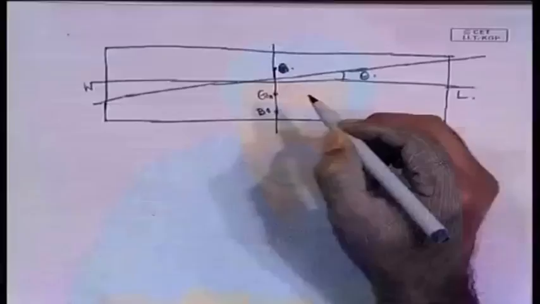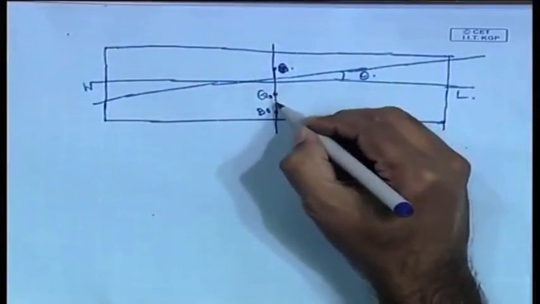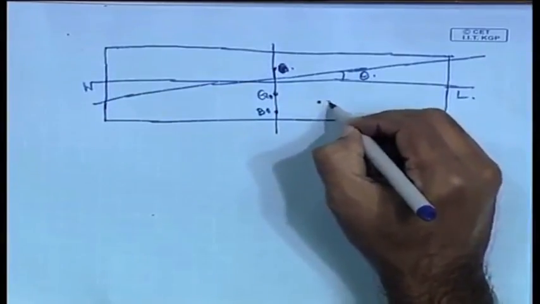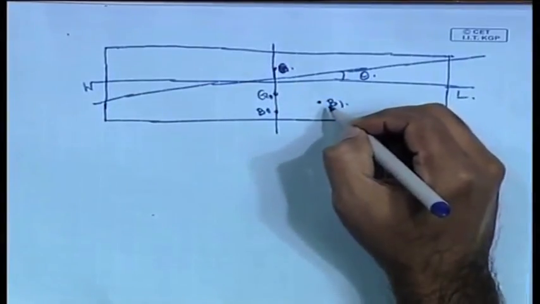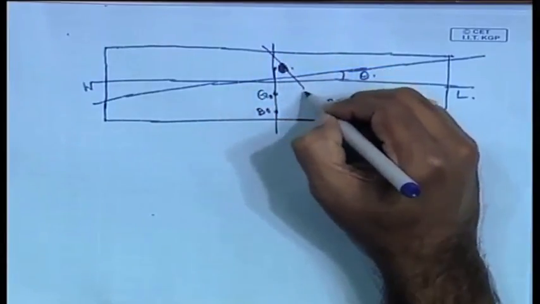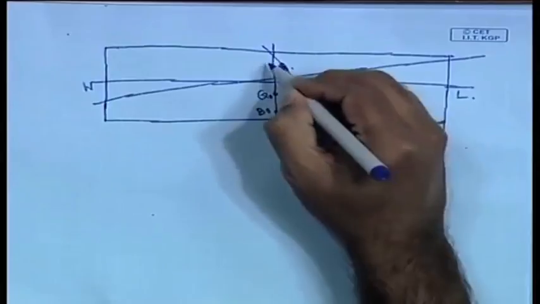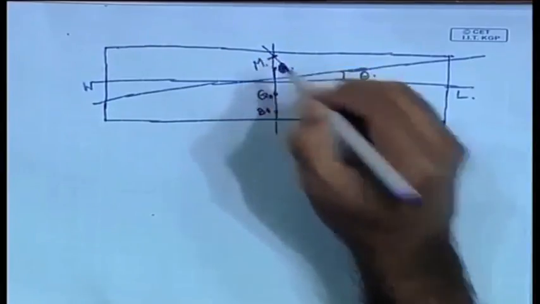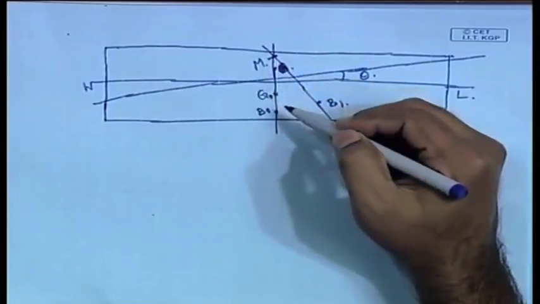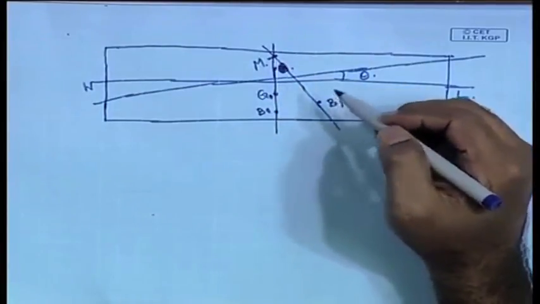Trimming is dealt with in the same manner as you deal with heeling, and therefore, you have the position of G0, B0, and because of this trimming, B0 shifts to B1. If you put a vertical from B1, it will hit the initial vertical from G0 at the metacenter.